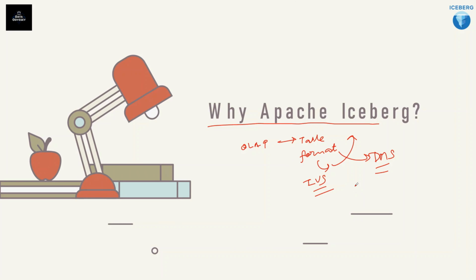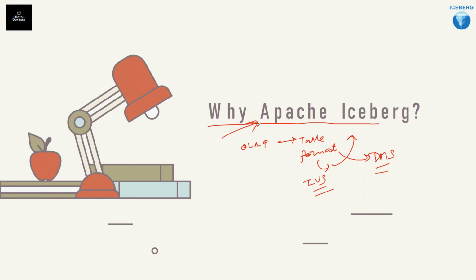Right? So for a long time, Apache Hive was the default table format for big data. But as data grew, Hive started showing its limitations, and that's where Apache Iceberg comes in. And today we are answering a very key question: why do we even need Iceberg when Hive tables were already there?